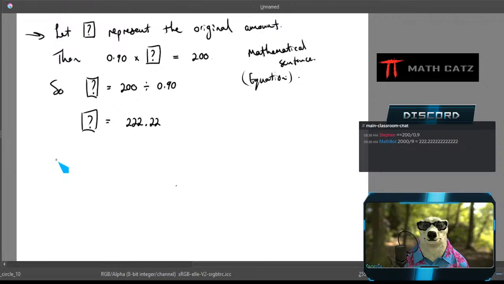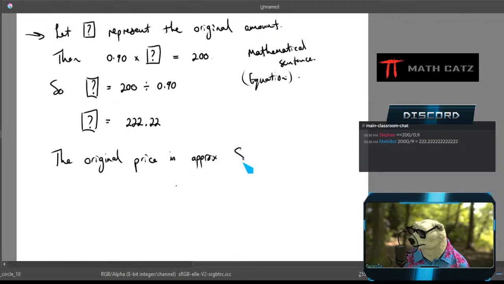So then I can wrap it up and say the original price, which is what my question mark in a box represented, is approximately $222.22. There was some rounding involved.